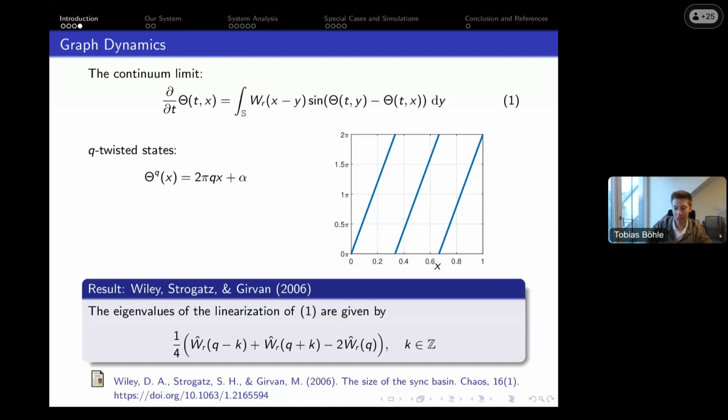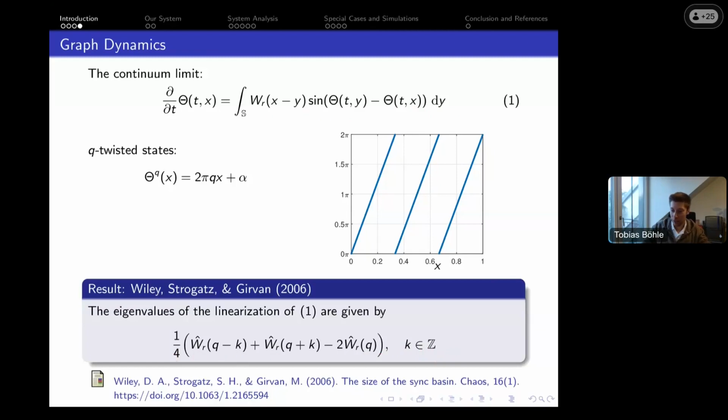They calculated the eigenvalues of the linearization of the right-hand side of this continuum limit here, and they found that they are given by this formula here. So they can be calculated using the Fourier coefficients of the function W. Okay, and so for all integers k, this represents an eigenvalue.